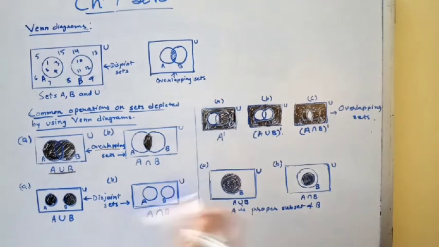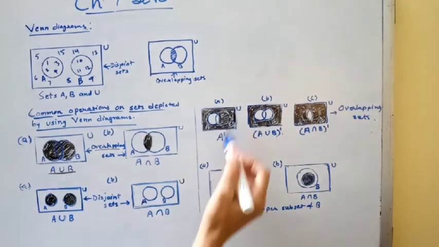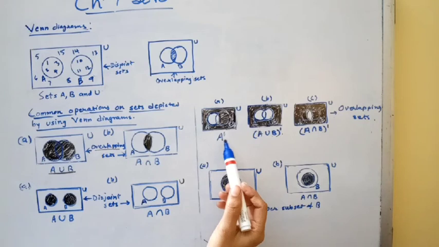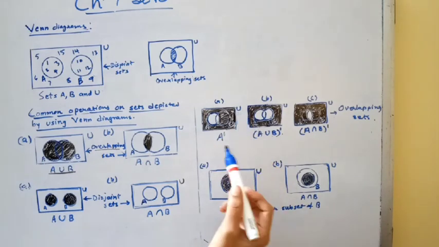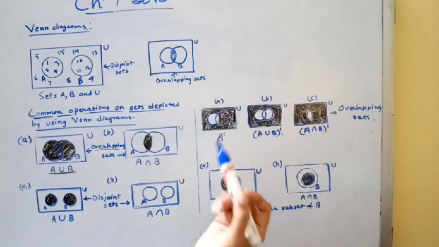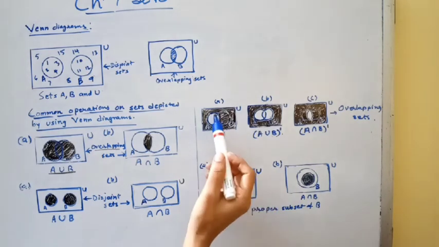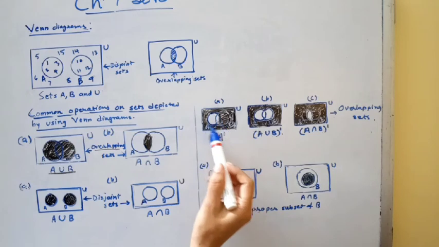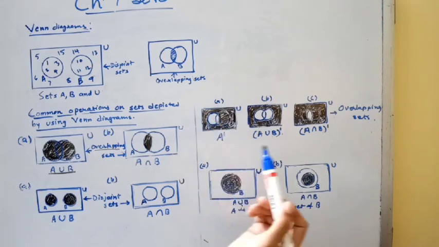Diagram A shows the representation of A complement. A complement means the set of all elements of U that do not belong to set A. So we shade all the portion except the set A.